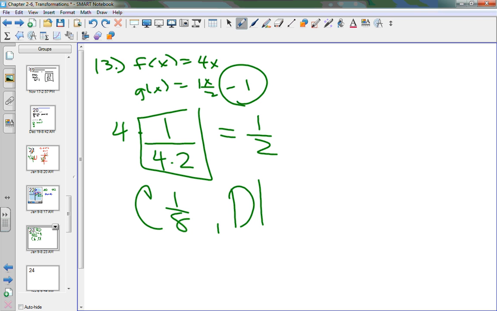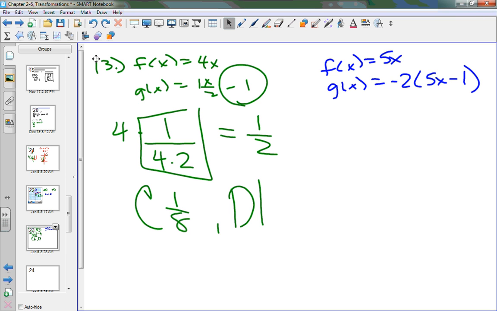Okay, the next one was 5x, and g of x is going to be -2 times 5x minus 1. Now I want you to look at this and ask yourself, what is going to be my parent function of this thing? Well, what's the original? 5x.